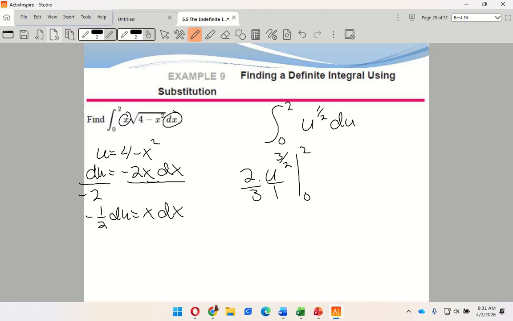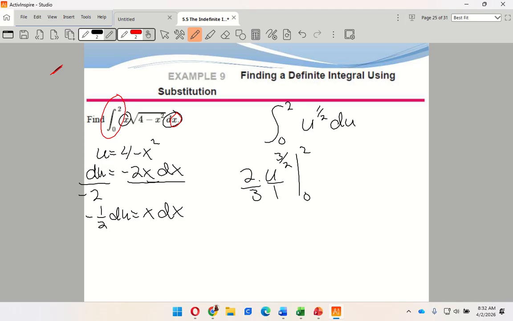Okay, so right now these bounds here are bounds pertaining to my x, aren't they? But I'm on the u, right? So when I do this, I need to first put it back and then evaluate it here.